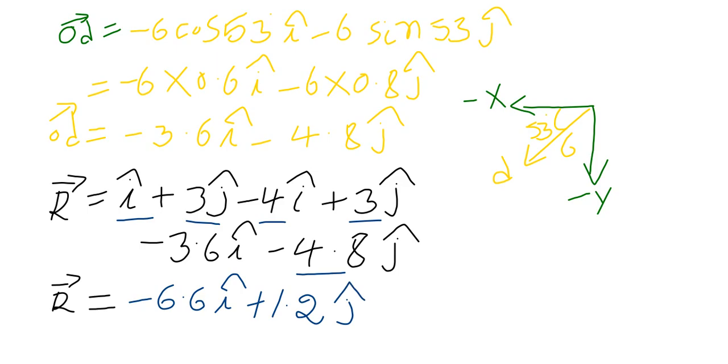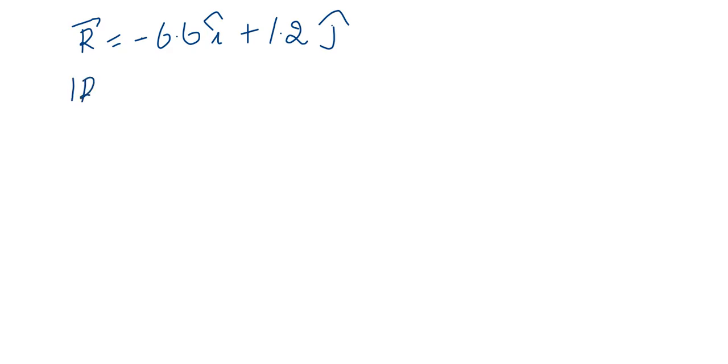Magnitude of this resultant vector: R bar is equal to minus 6.6 I cap plus 1.2 j cap. Its magnitude is root over minus 6.6 whole square plus 1.2 whole square.